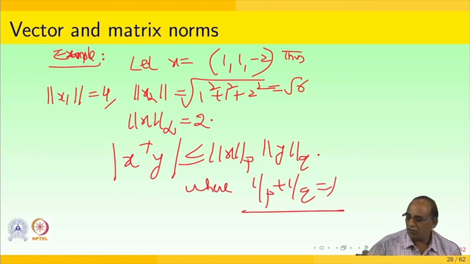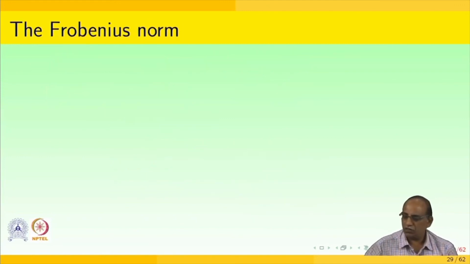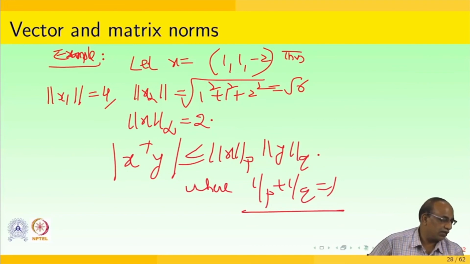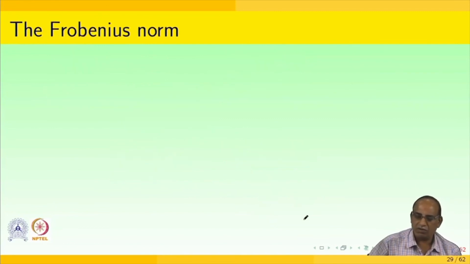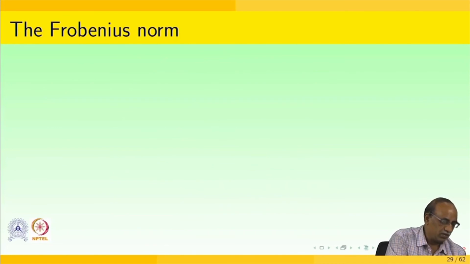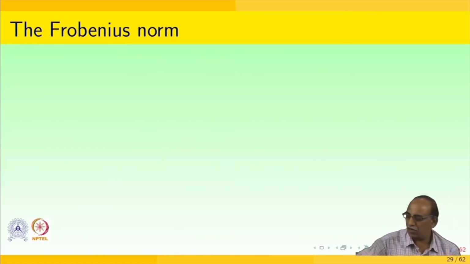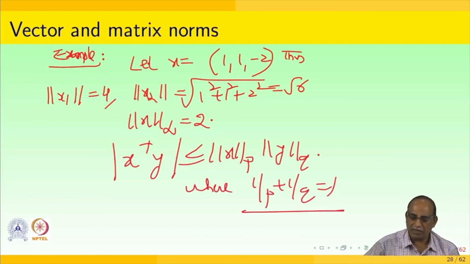A special case of Holder's inequality is also called the Frobenius norm, which we will do at a later time. But these are the vector norms.